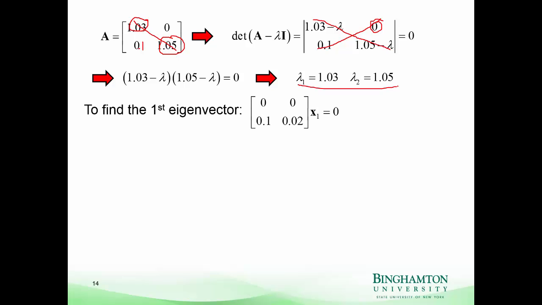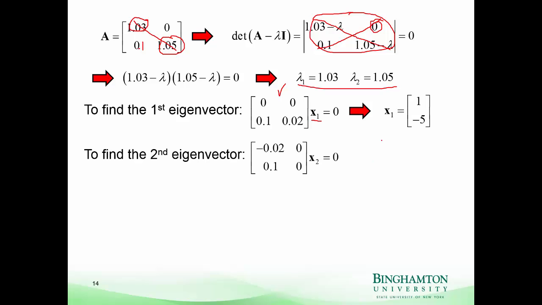To find the first eigenvector, we would put in lambda 1 equal to 1.03 into this matrix, and we get this. So we want to find the vector x that is in the null space of that. We see that that matrix is a 2 by 2 with rank 1, so we know the null space will have dimension 1, so there's going to be one vector that satisfies that. Again, its length is arbitrary, so I just picked an easy version of it, 1 and -5. It's not unit length, but it has nice simple numbers.